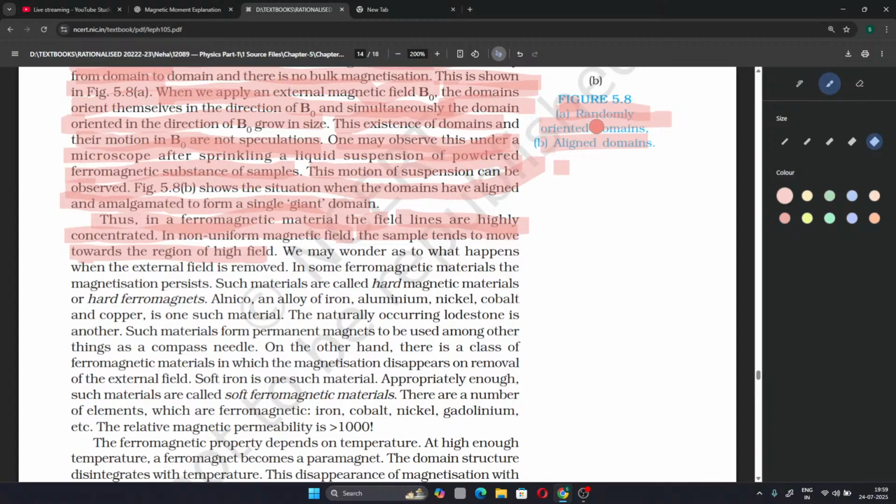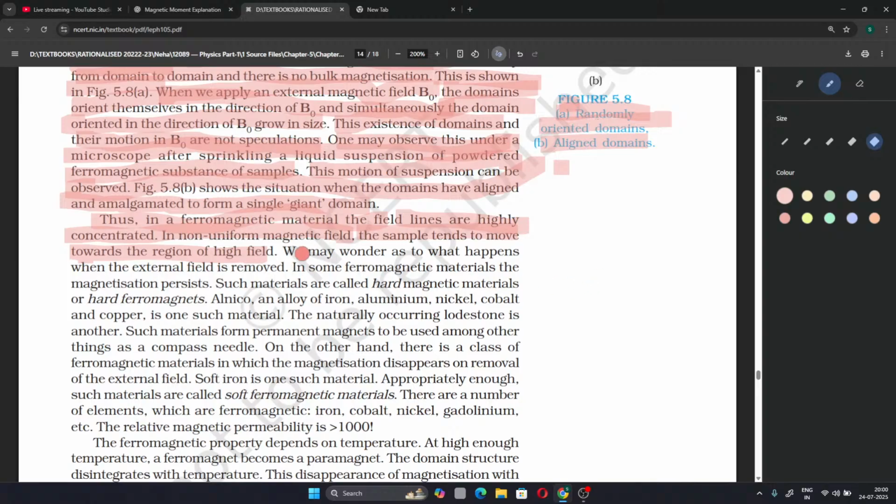In paramagnetic materials we saw that many magnetic field lines were concentrated, and in ferromagnets, of course, even more concentration of magnetic field lines is seen. Ferromagnetic substances tend to move from the region of low field towards the region of high field, as in attraction.